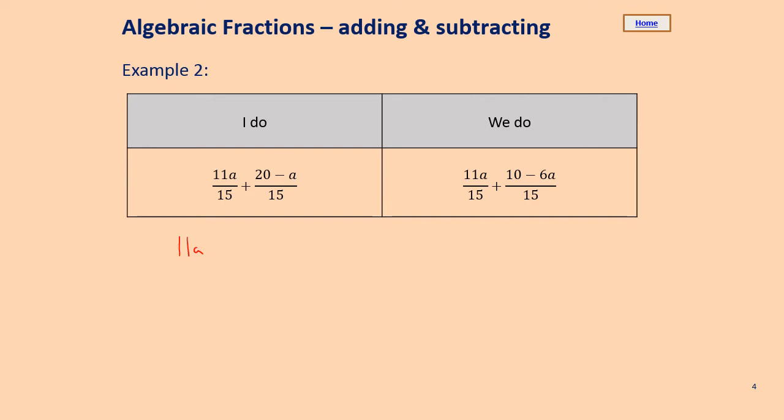Because these have a common denominator, I can write this as one fraction: 11a plus 20 minus a over 15. From here it's just about collecting like terms. I've got 11a and minus a, so 11a take away a gives me 10a, plus 20, over 15.